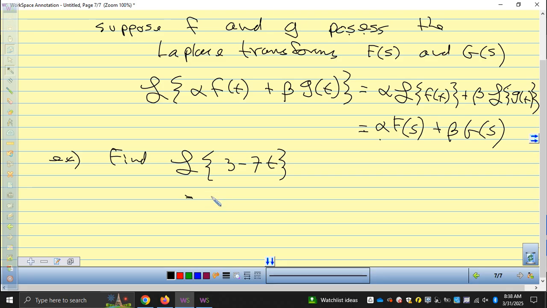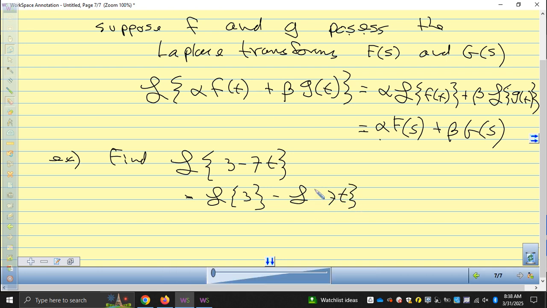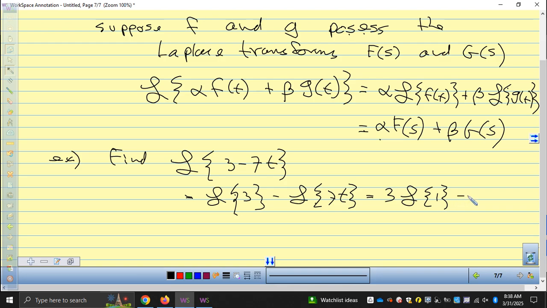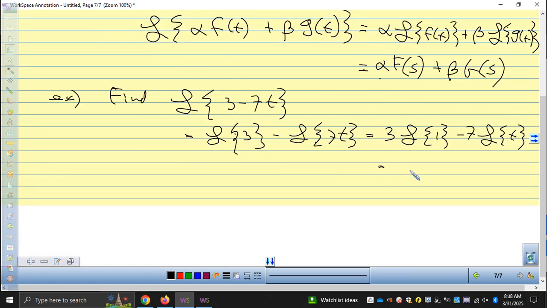Well, this is going to be the Laplace transform of 3 minus the Laplace transform of 7t, which is 3 times the Laplace transform of 1 minus 7 times the Laplace transform of t, which we've already found. So that's going to be 3 over s minus 7 over s squared.